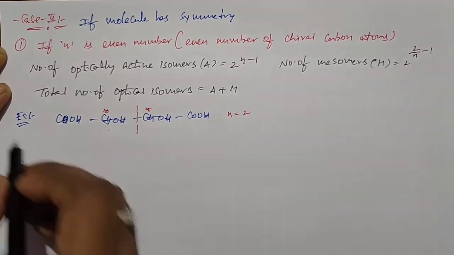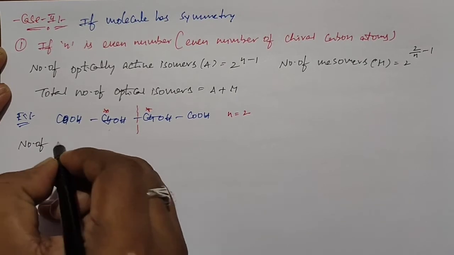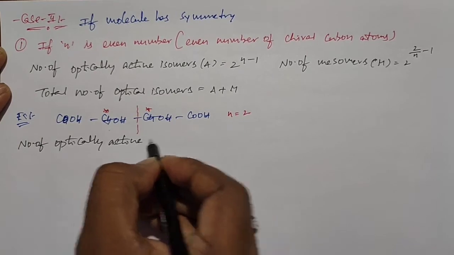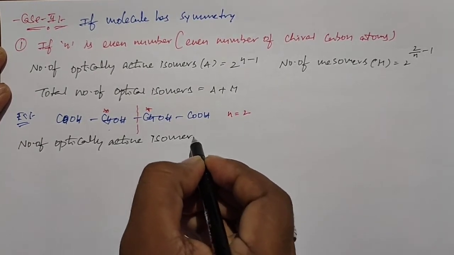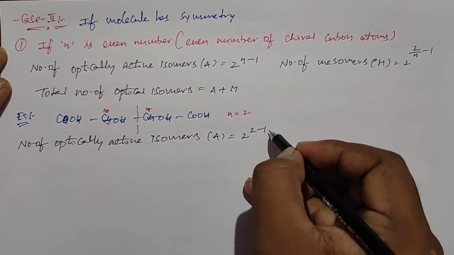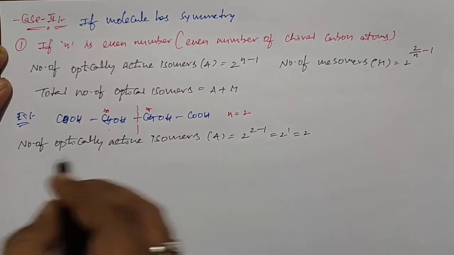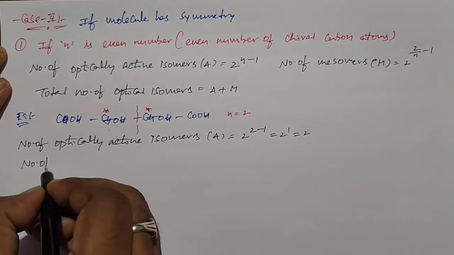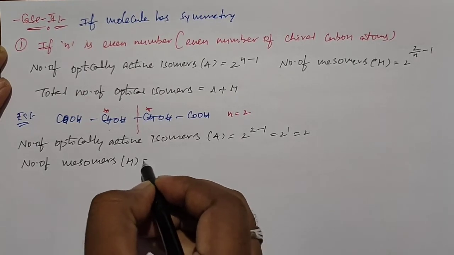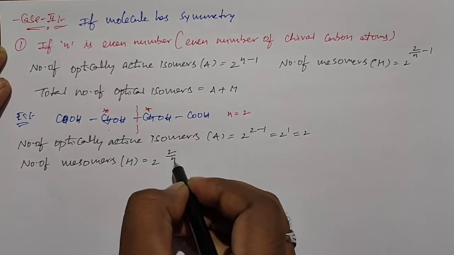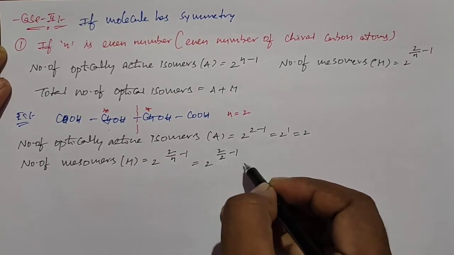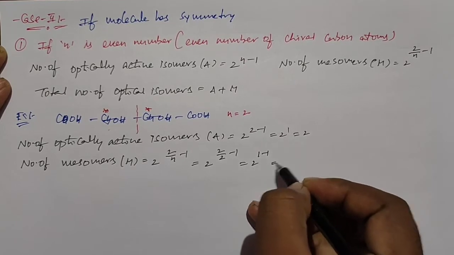So the formula for number of optically active isomers, A, is equal to 2 power 2 minus 1, we get 2 power 1, that is equal to 2. At the same time, number of mesomers, capital M, is equal to 2 power (n by 2) minus 1, that is equal to 2 power (2 by 2) minus 1, that is equal to 2 power 1 minus 1, that is equal to 2 power 0.